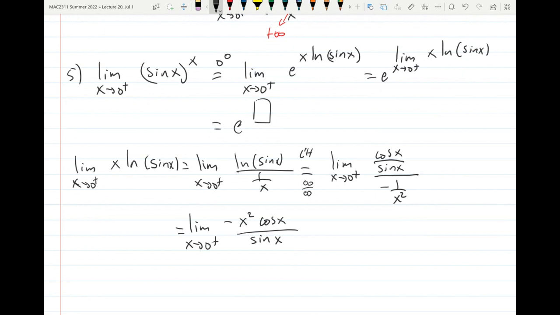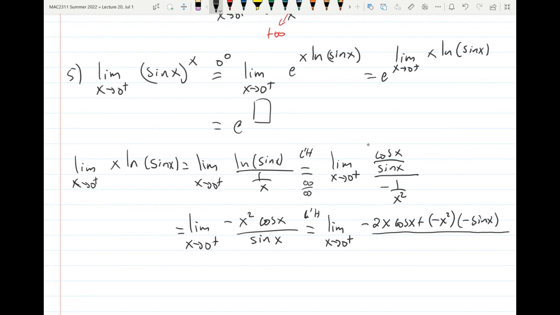Okay, so let's see, in this case, when we take the limit, this is a 0 over 0. So again, the problem was not solved, so we need to keep using L'Hopital's rule. So I'm going to use L'Hopital's rule again. And notice that now we need to use the product rule in the top. So derivative of the first is going to be negative 2x, times the second, plus the first function times the derivative of the second, negative sine.